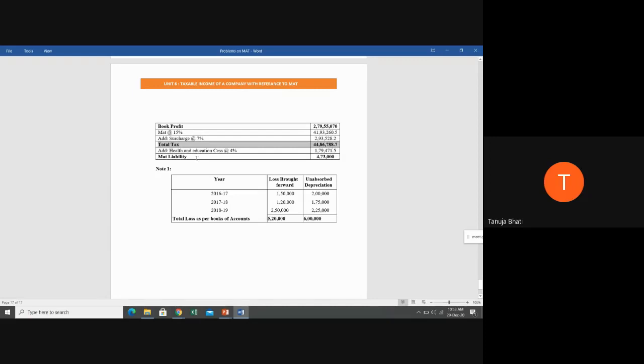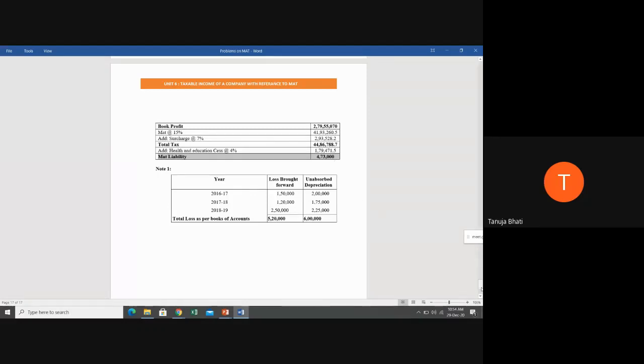And on your total tax, you're going to add health and education cess at the rate of 4%. So 4% of 44,86,788.7 comes to 1,79,471. So your total MAT liability, or the tax payable as per MAT provisions, that is as per section 115JB, is 4,73,000. Is this clear, students?